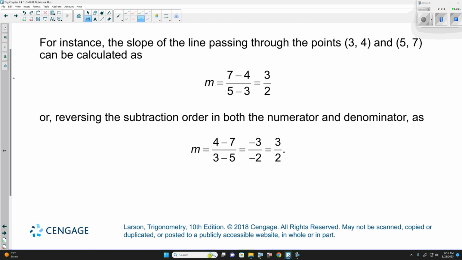However, if we just flip one of them, if I said 7 minus 4 over 3 minus 5, well, 7 minus 4 is still 3, but 3 minus 5 is negative 2, which gives us negative 3 halves. We have that sign error. But in the distance formula, with this being squared, it would correct that, because it would make it 9 plus 4, positive 4, because of the square.